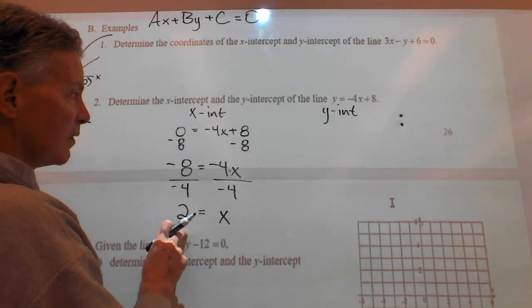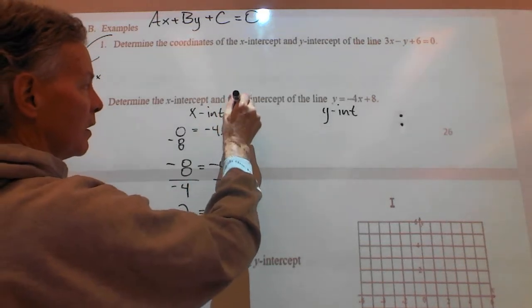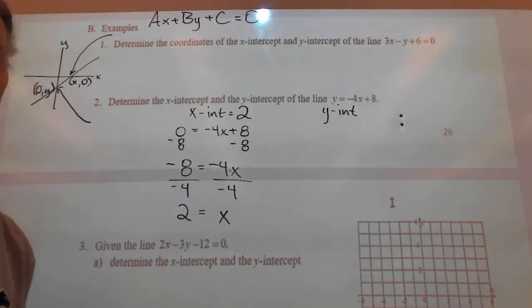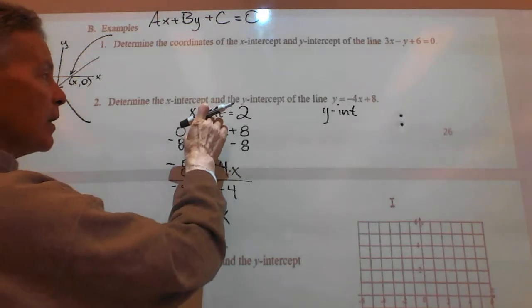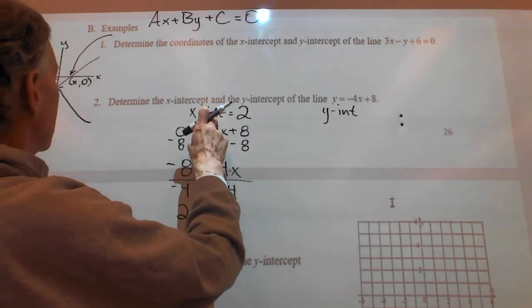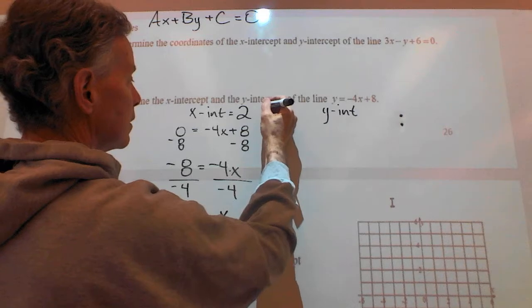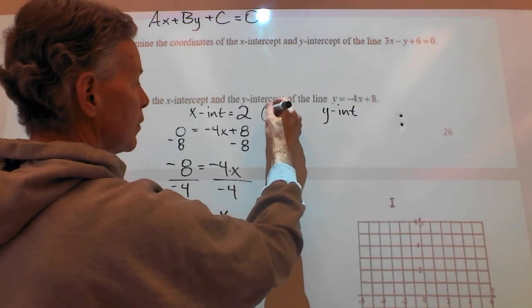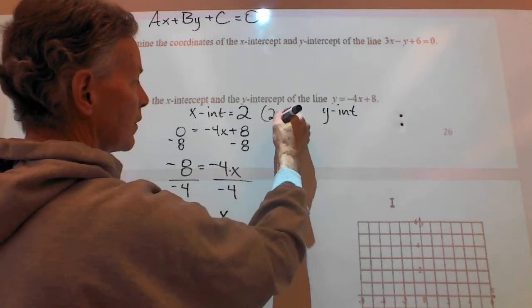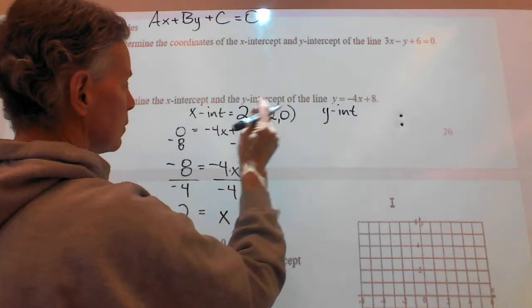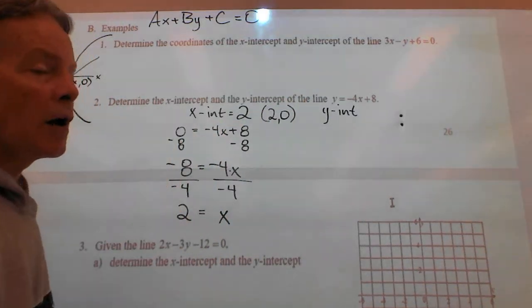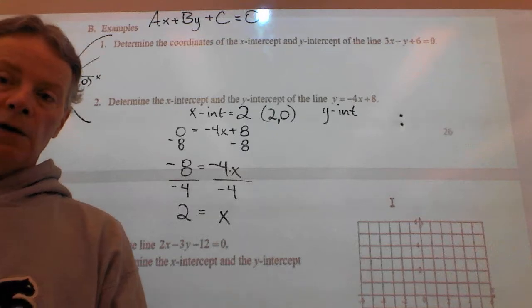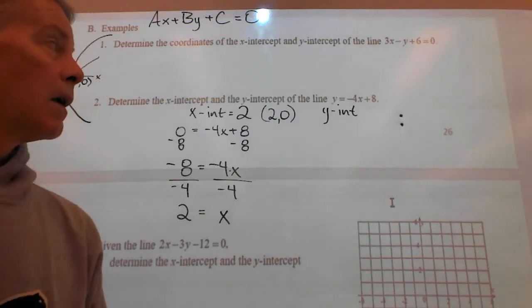So in this case, our x-intercept equals 2. Okay? And the coordinates of the point at that x-intercept will be 2, where it crosses the x-axis, and 0, remember we said the y-coordinate will always be 0 at the x-intercept.